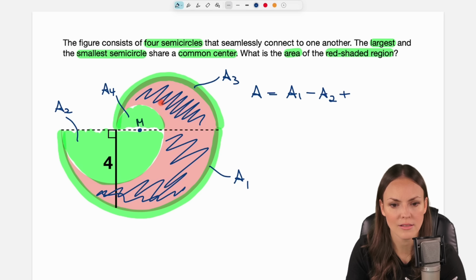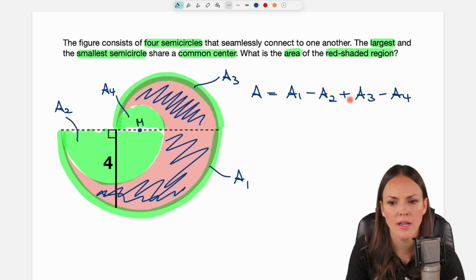Then we find this red area up here by taking A3 and subtracting this small semicircle A4. This is our plan. We only have to find A1, A2, A3, and A4 to find our area in the end. So let's start with A1.